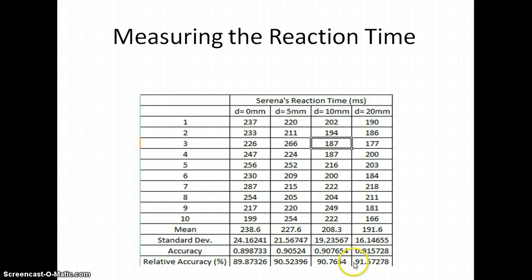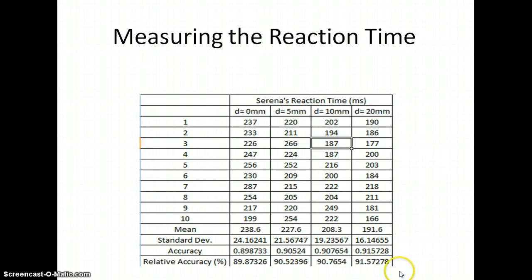So what I can conclude here is that as we let the reaction time strip fall for a longer distance before the subject sees and reacts to it and catches it, the relative accuracies increase.